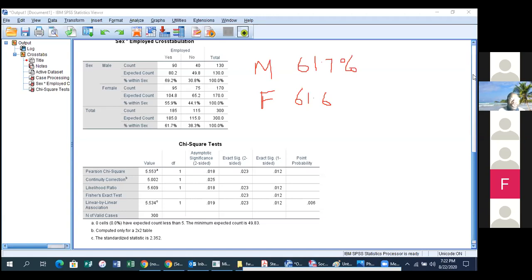The same thing for this one, 55.9 plus 44.1, the percentage that are not employed, gives you 100%. So you calculate the percentage along the exposure, along the sex value. If you put column percentage instead of row, it will give you different values, and if you interpret it, it is a wrong interpretation.